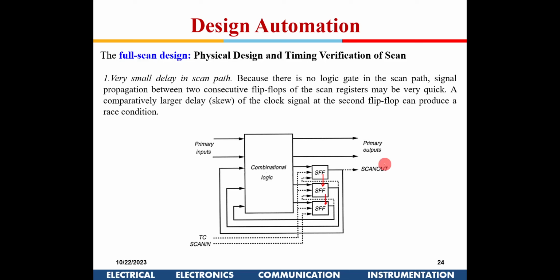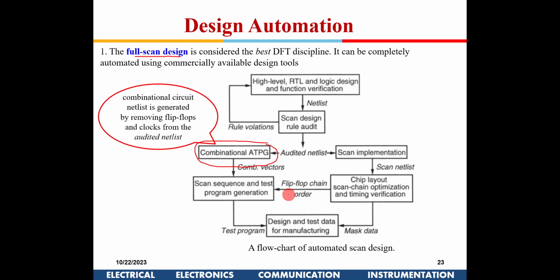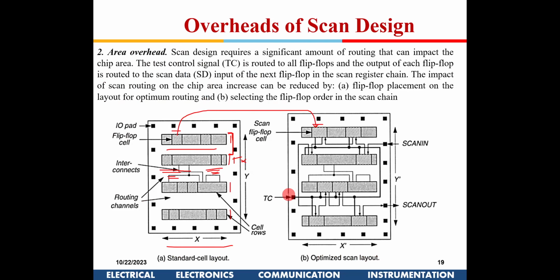When we are running a normal operation versus when we are running a scan design, we have to be very careful because there could be some hold violations. And there could also be some setup violations, because when we are doing the routing, the routing algorithm will give preference to the normal functional routing, because scanning will be done only during testing.